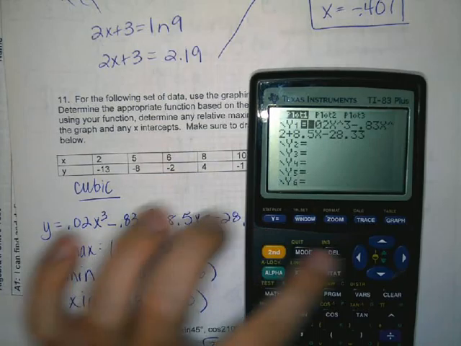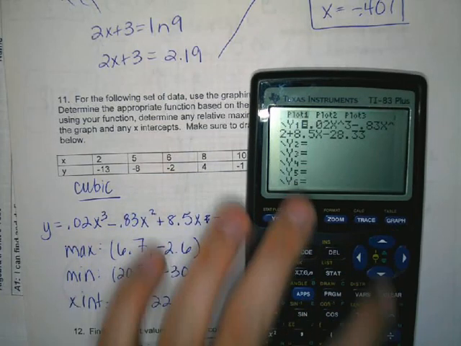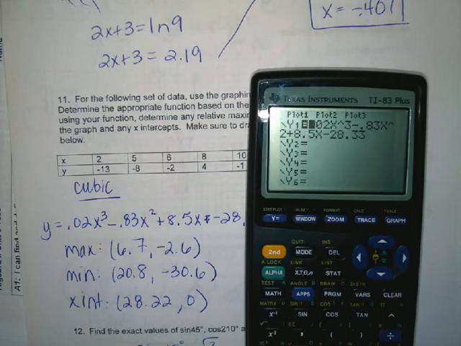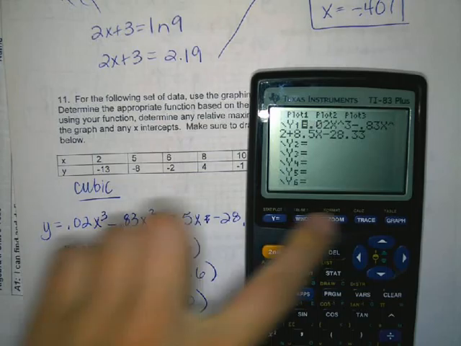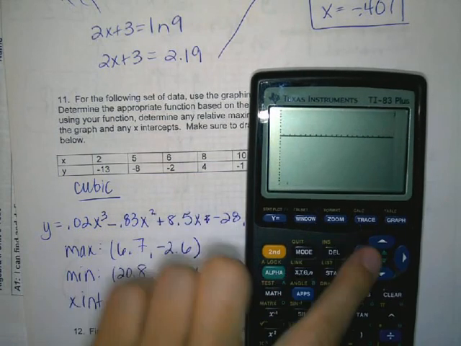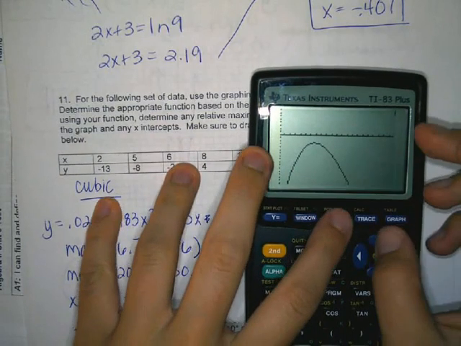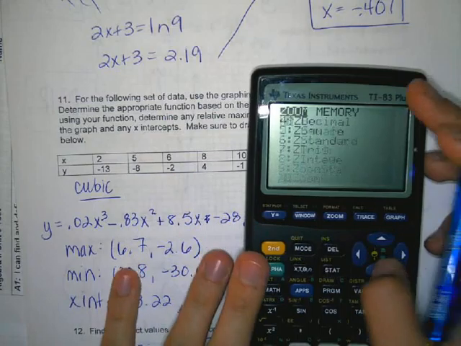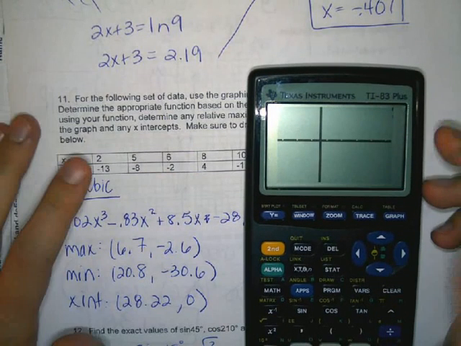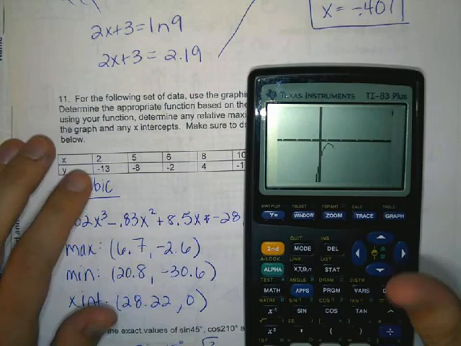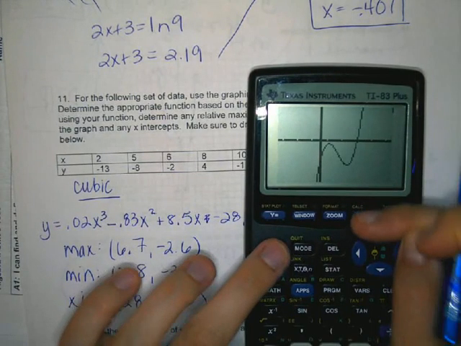Okay. Then I had to come back here, and I took my equation that the calculator gave me, and I plotted it and graphed it. Then I had to zoom out because it tells me to find relative mins and maxes, but I only see a max there, so I'm going to zoom out just one time. And then to find max and mins and x-intercepts, you have to use the calc menu.